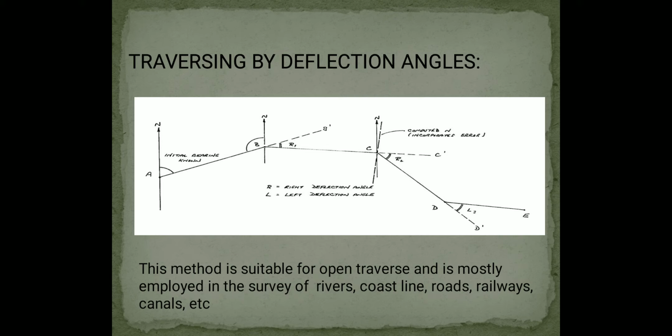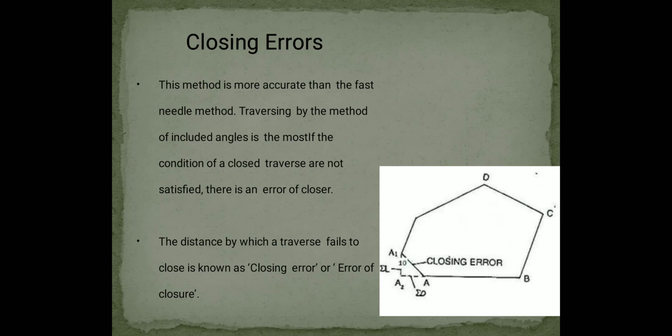Here we will not be ending at the same point, but the traverse will be an open traverse where we keep moving forward. Next, though we take measurements by these two methods, we need to think about the closing errors.